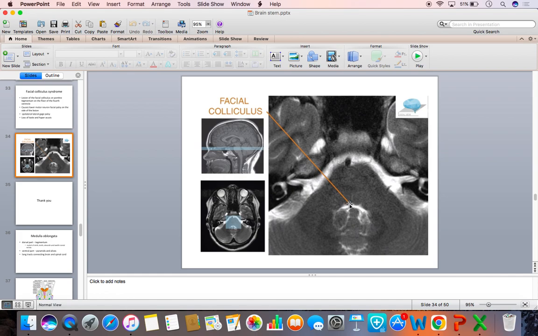A lesion in this area results in facial nerve palsy, and you get loss of taste sensation, and there could be hyperacusis.